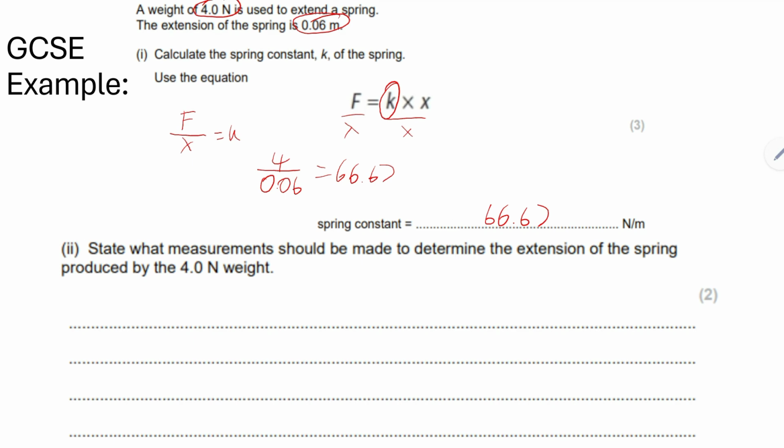Now, state what measurements should be made to determine the extension of the spring produced by the weight of 4 newtons. So what we need to do is first measure the spring without any weight acting on it, and then we need to also measure it when the weight is acting on it as well.